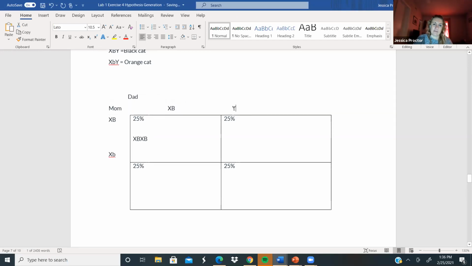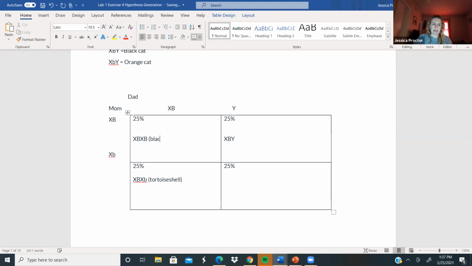So we're always putting the X chromosome first. So this is an X big B and a Y. And then here in this little quadrant, we're taking one from here and one from here. So we're putting the dominant allele first. So this one's an X big B, X little b. So that's a calico or tortoiseshell.